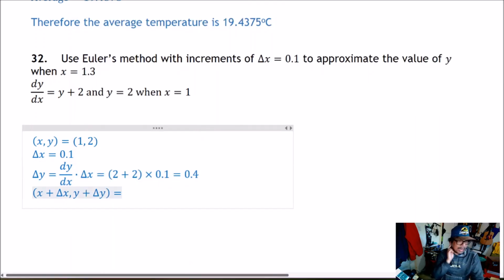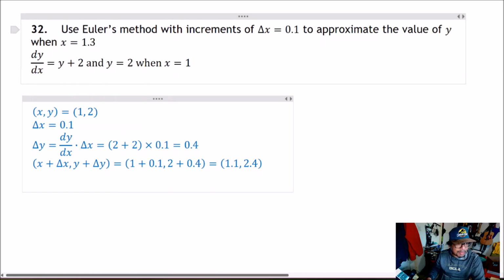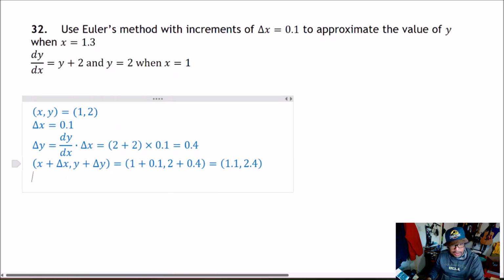The next approximation is x plus delta x, so that is 1 plus 0.1, and the new y coordinate is going to be the old y coordinate, 2, plus my delta y, which we calculated at 0.4. That's equal to 1.1 and 2.4. So this says to me that when x equals 1.1, the y coordinate is approximately 2.4.